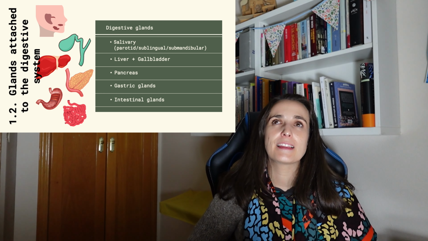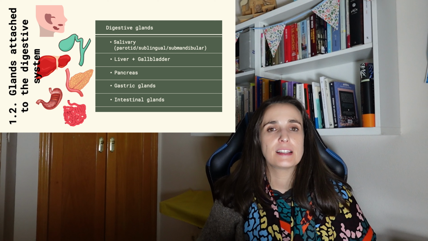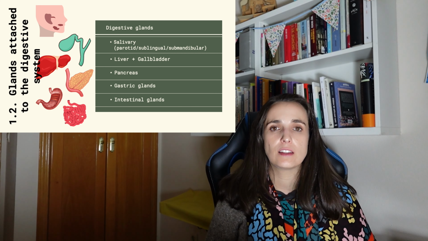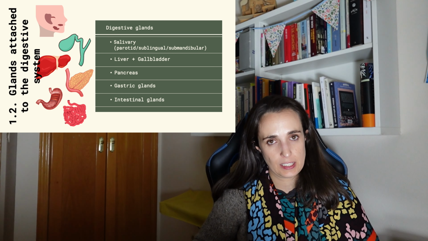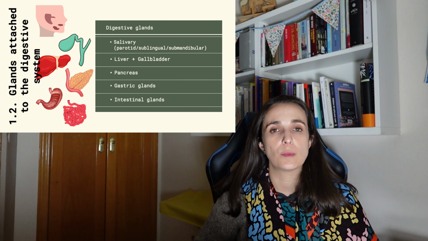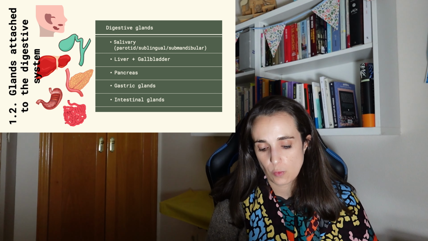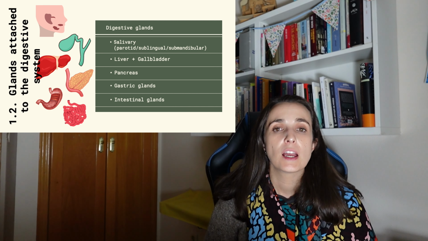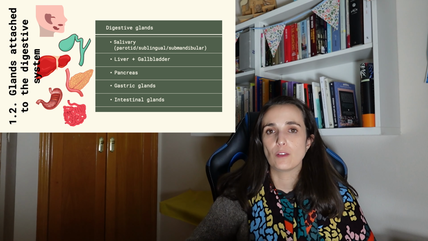And proteins, I haven't said proteins yet, they are mainly digested in the stomach, so it's the gastric glands that will be in charge of starting digesting these proteins in the stomach. And finally, in any case, all the nutrients will be digested in the end in the small intestine, with the intestinal glands that will finish the work that has been done before.